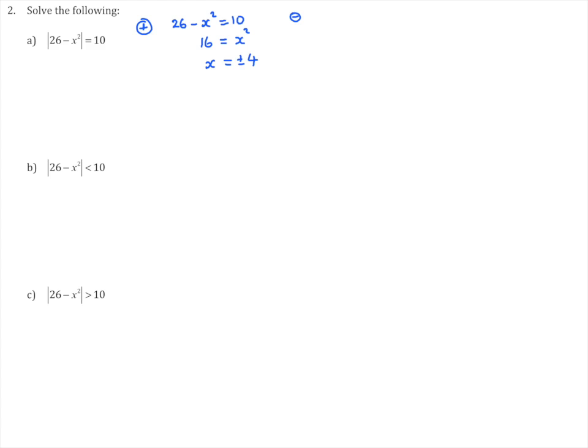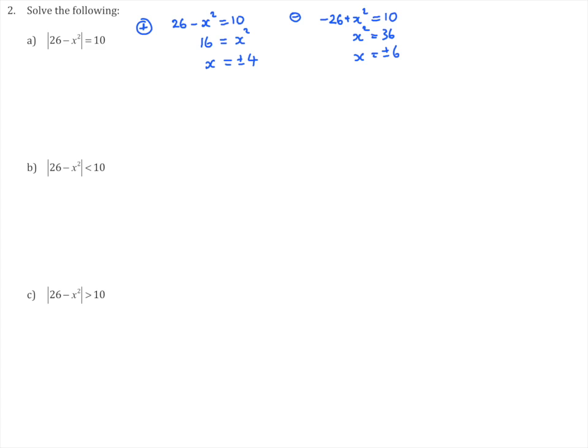Well, the absolute value will become negative 26 plus x squared equals 10, which means x squared equals 36, so x equals plus or minus 6. And there's my solution for part A.